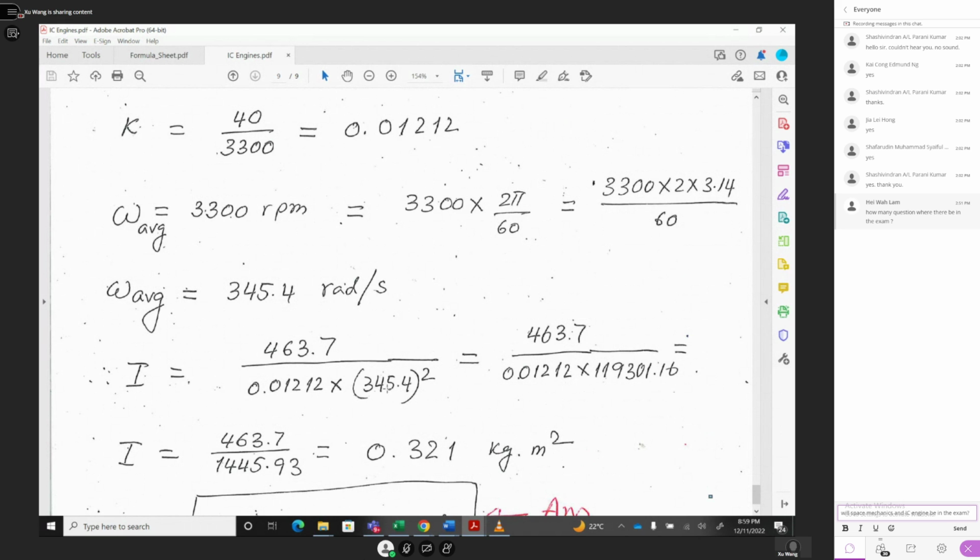And divided by the average omega, the average rotation speed, in SI units is 346, RPM is 3,300, and this squared. You calculate this and the end result equals 0.321. So in order to achieve this fluctuation factor at this speed, you need a flywheel of at least about 0.321 rotational inertia.